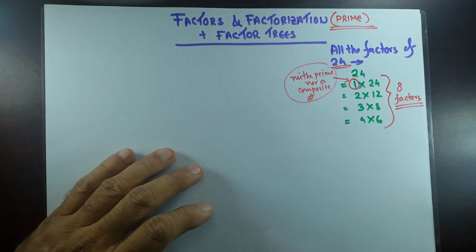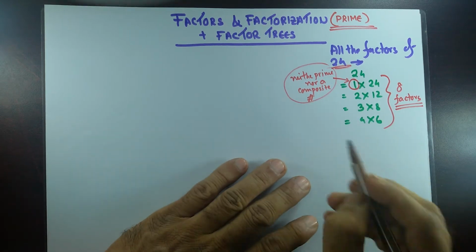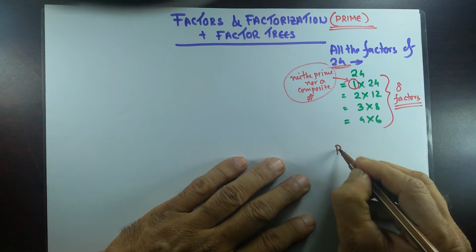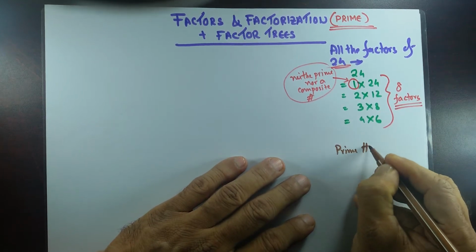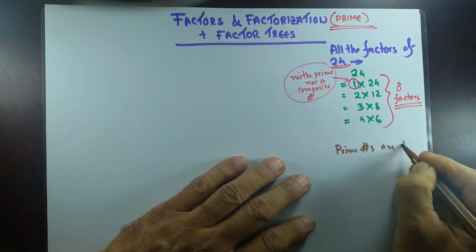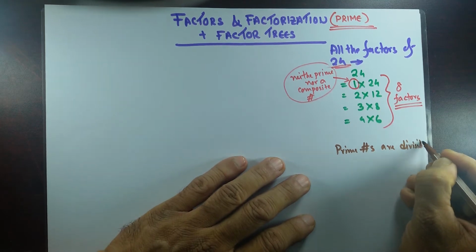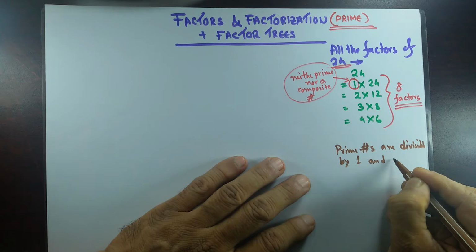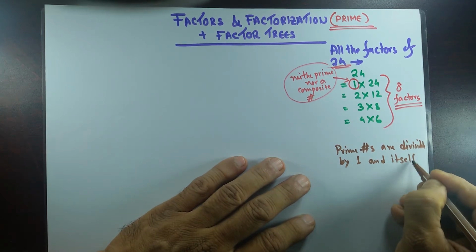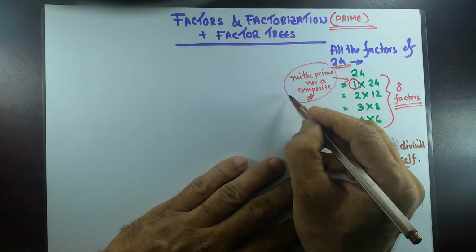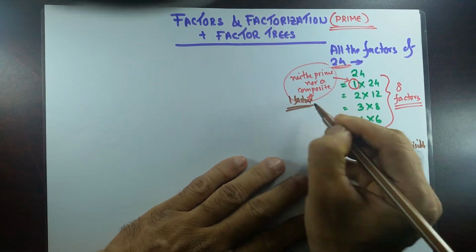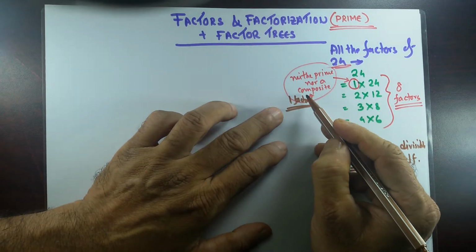Prime numbers are the numbers that are divisible by 1 and itself. So they have only 2 factors. 1 has only 1 factor. So by definition, it's not a prime number.